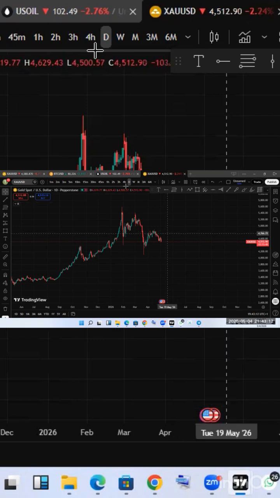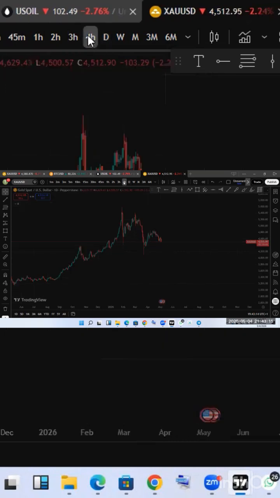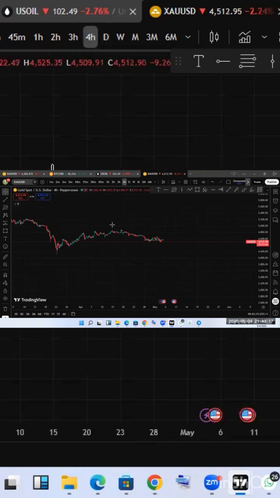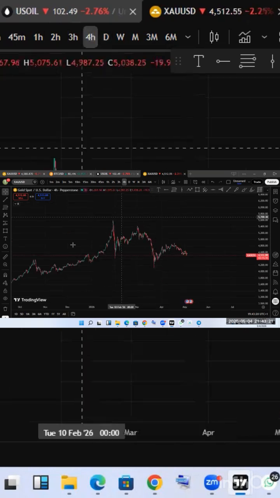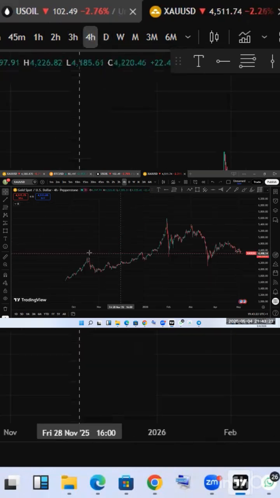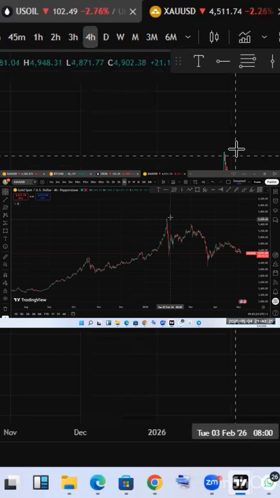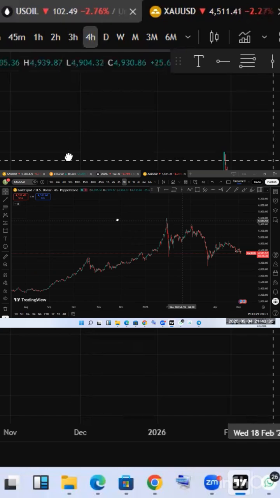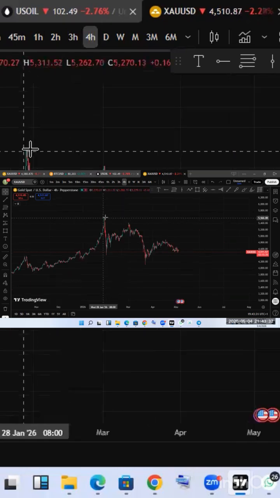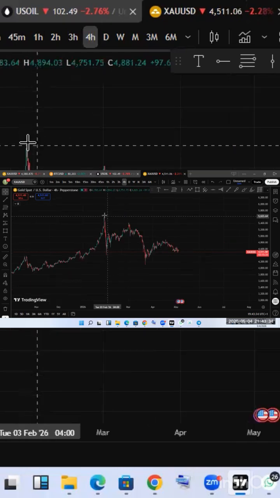Let me go to 4 hours so we can see it very clearly. We can see here, it was buying. It was buying. The moment you get to this height, 5,006, that's where sellers are in charge, because they feel price is overbought.